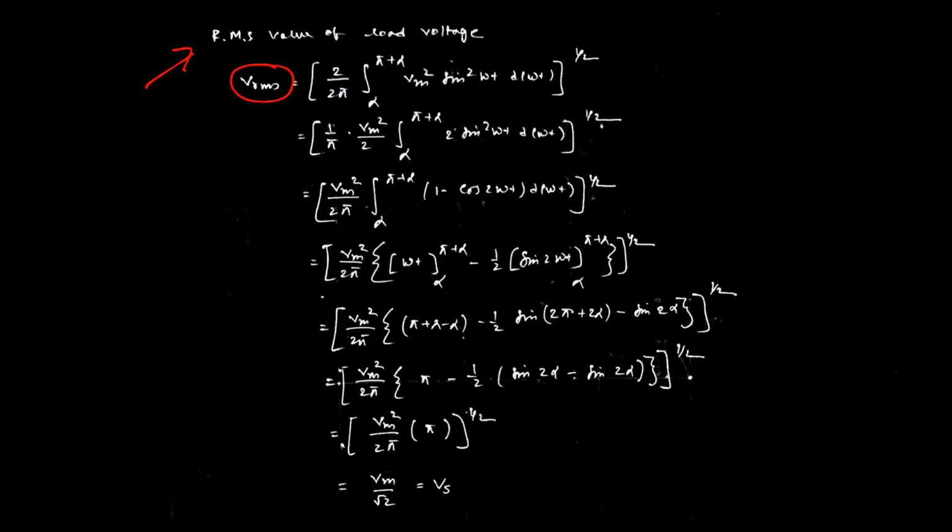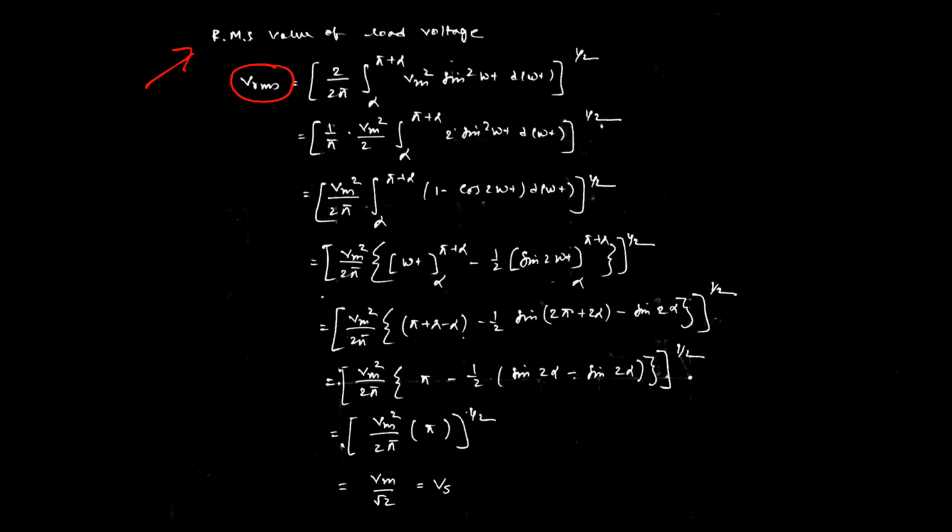That is why VRMS should be equal to 2 by 2 pi integration of alpha to pi plus alpha Vm square sine square omega t d omega t, under root. Okay, so this is the expression for the VRMS. So we can simplify the expression this way.